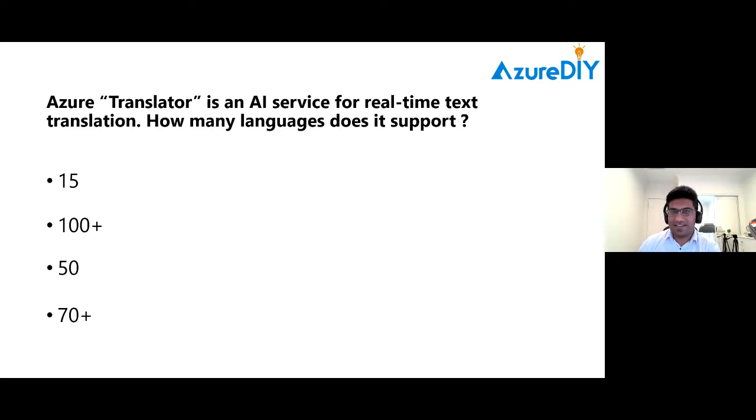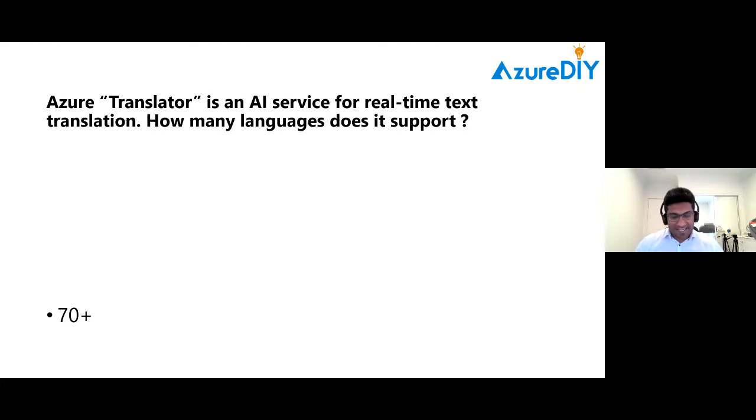I've got a few more coming in. 5 seconds. No Googling, please. And the answer is 70 plus and growing. So you can use our Azure Translator service for real-time text translation.